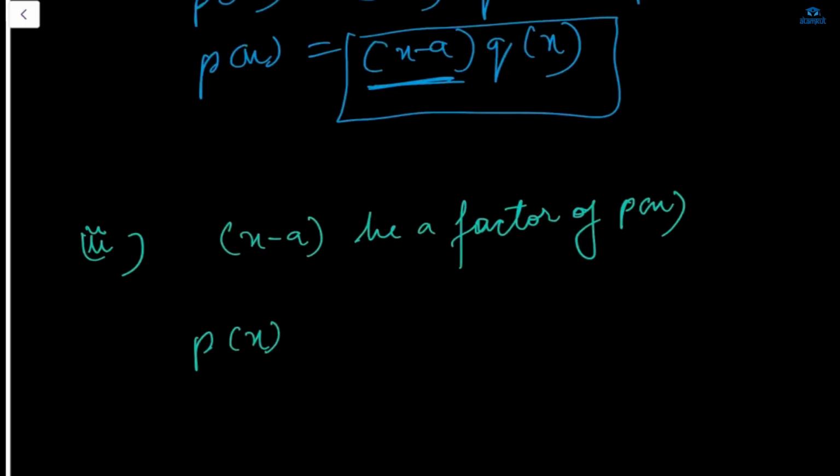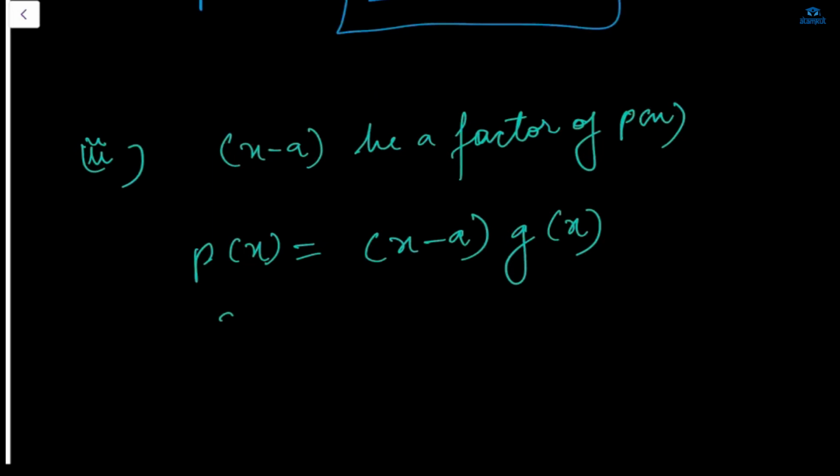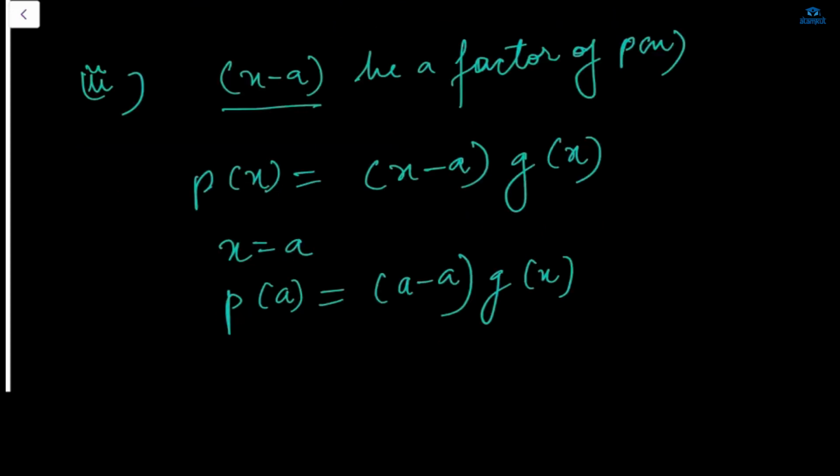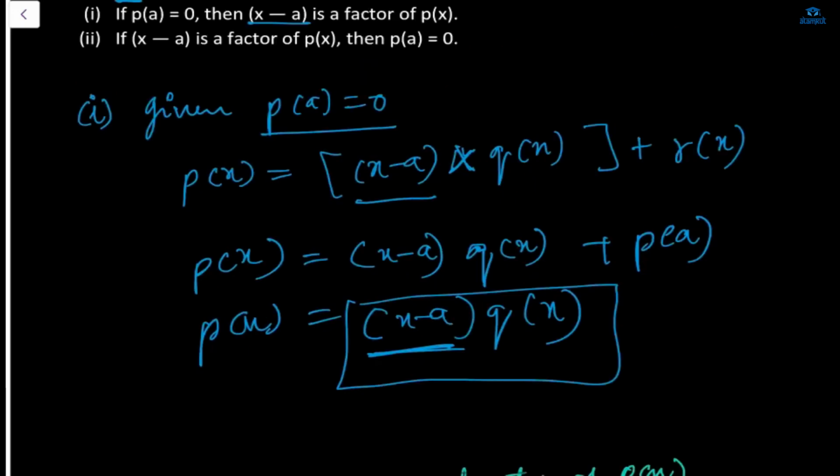According to the division formula, p(x) is equal to x minus a times g(x). Now putting x equal to a, we get 0. So p(a) is equal to (a minus a) g(x), so p(a) is equal to 0. So we have proved the factor theorem.